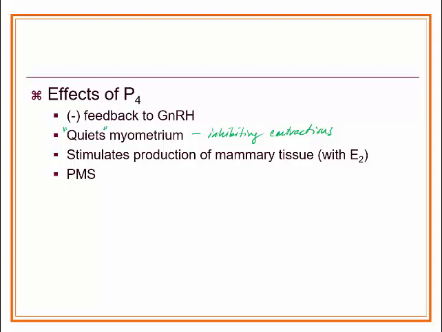Okay. In addition, progesterone will also act on the mammary tissue, along with estrogen, and it will stimulate the production of mammary tissue.